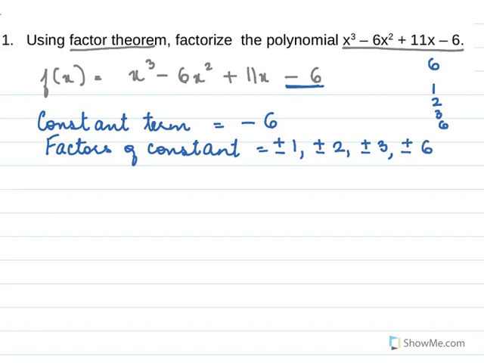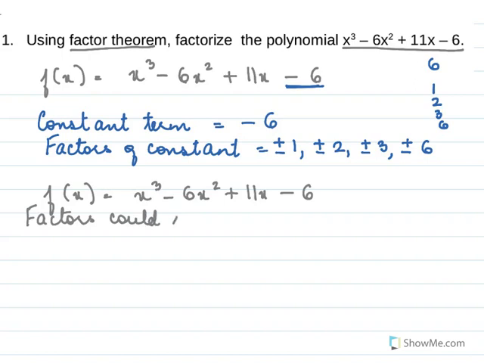If that is the case, we have to factorize the polynomial f of x equal to x cubed minus 6x squared plus 11x minus 6. Now we have to find out the factors. We will first take up plus minus 1.